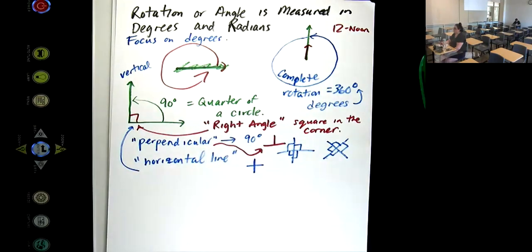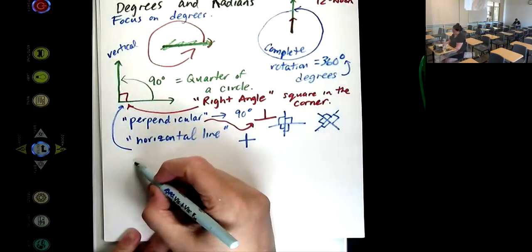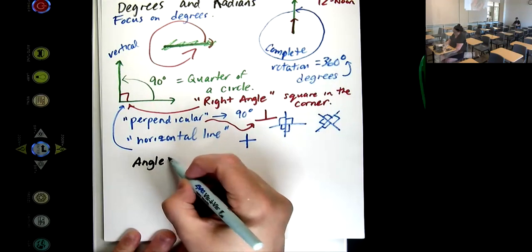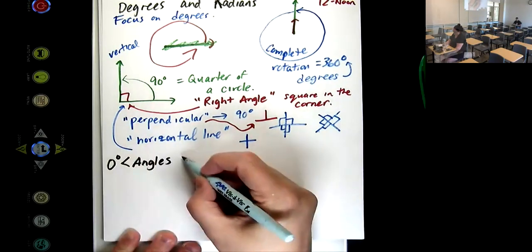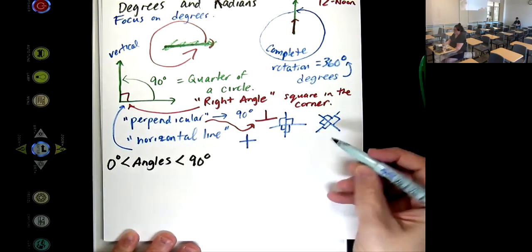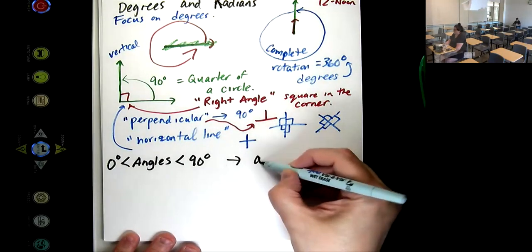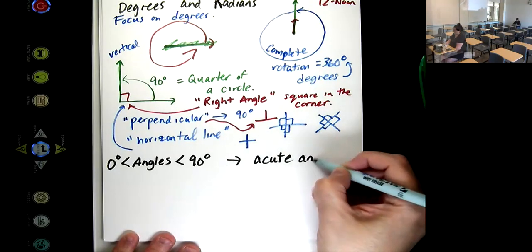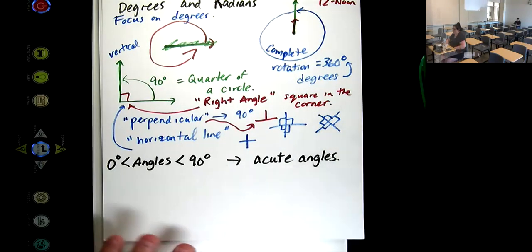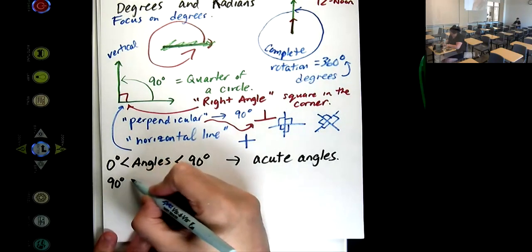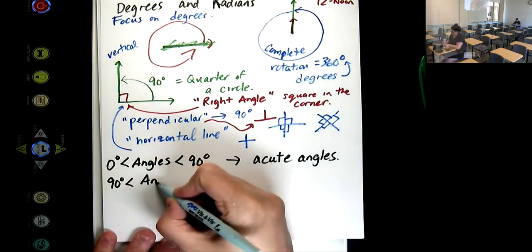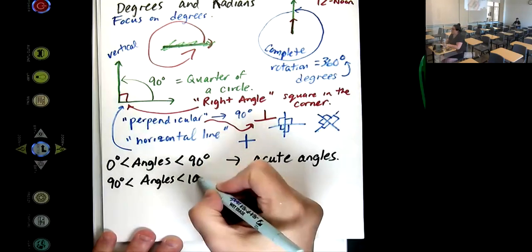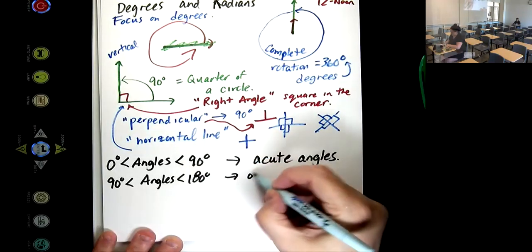Angles that are larger than 0 degrees, but less than 90 degrees are called acute angles. So if they're less than a quarter of a circle. If they go from 90 degrees up to 180 degrees, these are called obtuse angles.